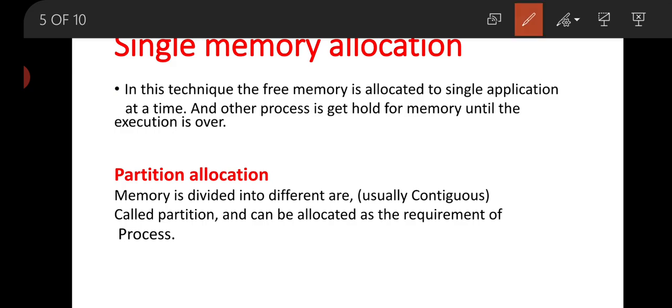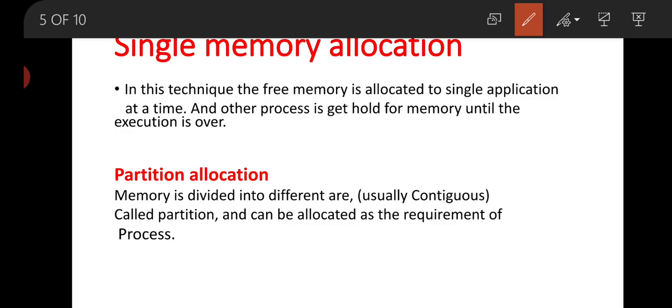In the first method, single memory allocation, the free memory is allocated to a single application at runtime. That means the block of memory is going to be allocated for the single process, and other processes hold for memory until the execution is over.